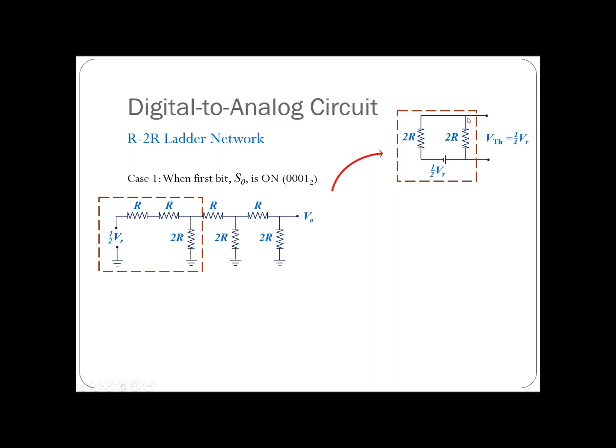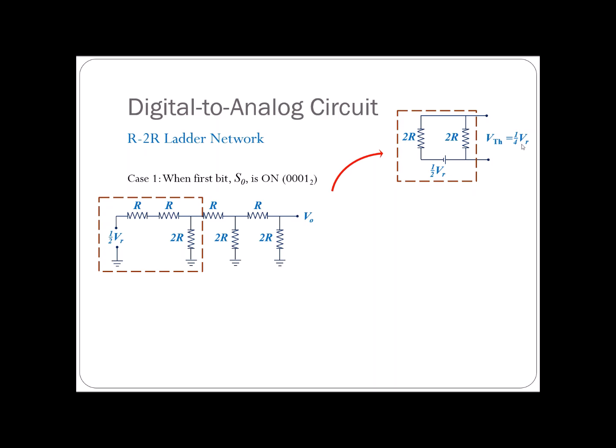When you want to find the voltage between these two points, just follow the voltage divider rule. The voltage between these two points will be half of this voltage because these two resistors have the same resistance. So the Thevenin voltage again will be half of it, which is a quarter of VR, VR over 4.